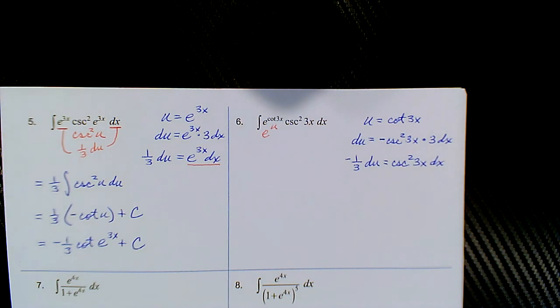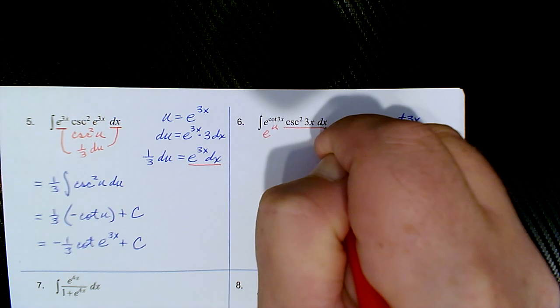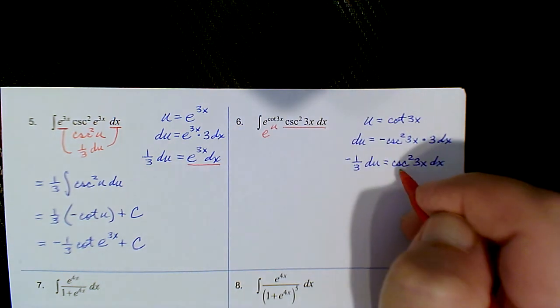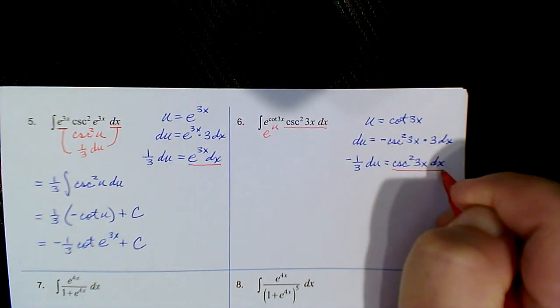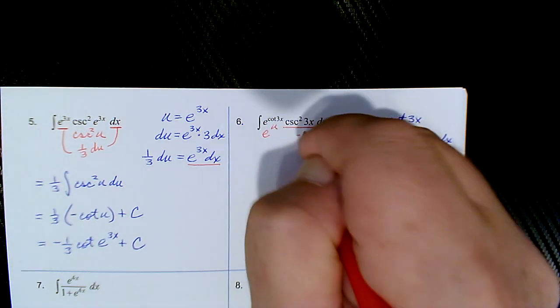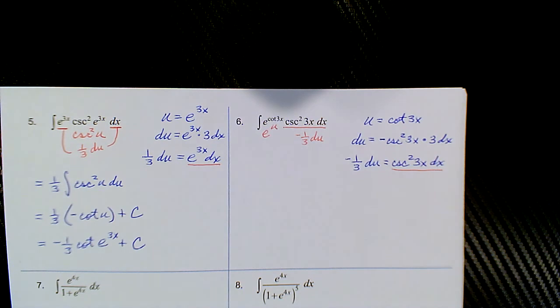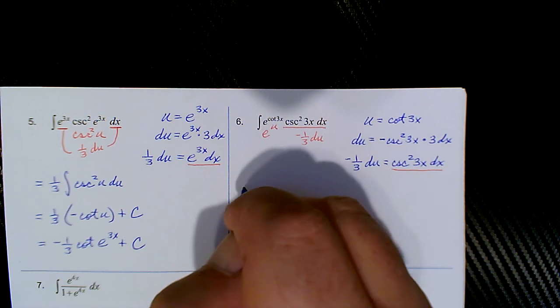So now when we reflect back on the integral, we were trying to fit the form of e to the u. We've accounted for that, and the leftovers, cosecant squared 3x dx, we compare to our du, and it shouldn't be any surprise that things match, just modified by the negative 1/3 in this case. So replace those factors by negative 1/3 du, and we're ready for the change of variables.